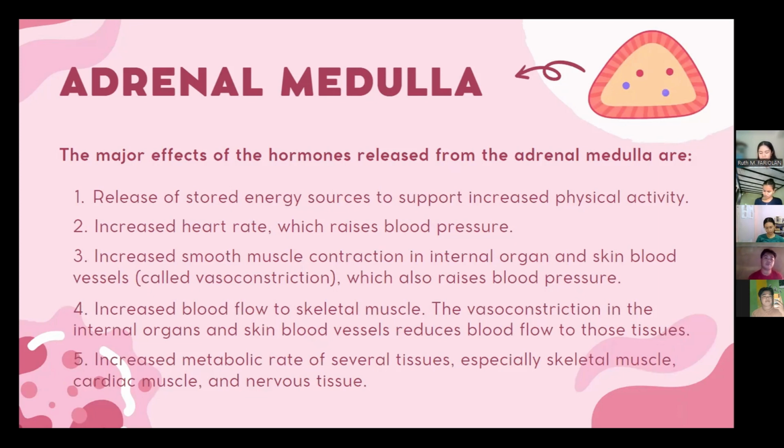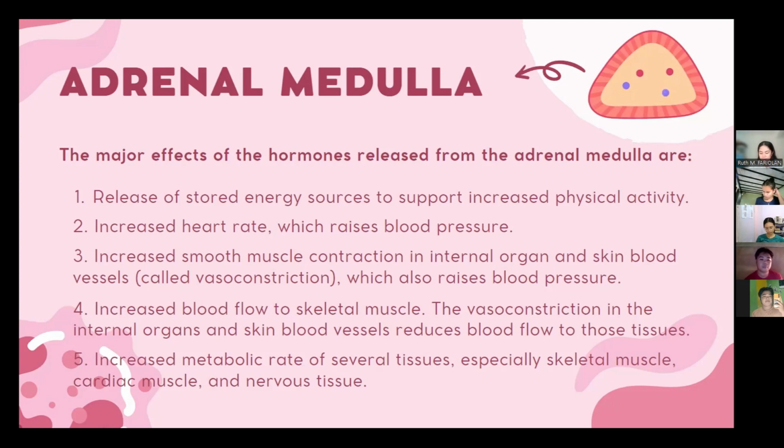Second is increased heart rate, which raises blood pressure. Third, increased smooth muscle contraction in internal organ and skin blood vessels. Fourth is increased blood flow to skeletal muscle. The vasoconstriction in the internal organs and skin blood vessels reduces blood flow to those tissues.